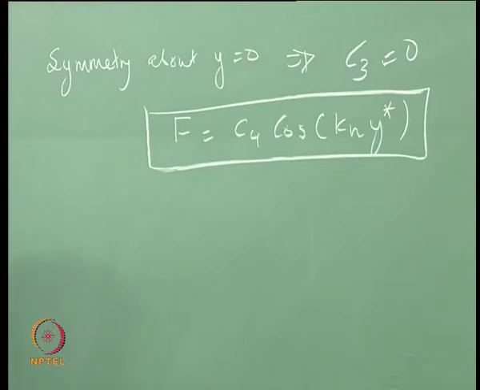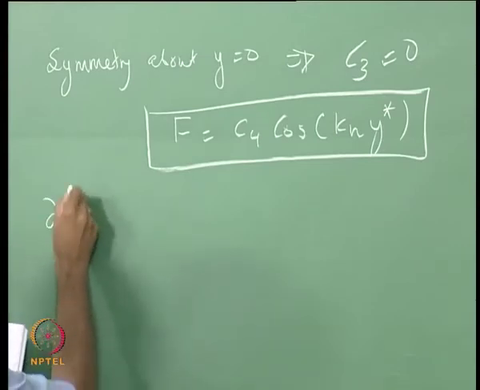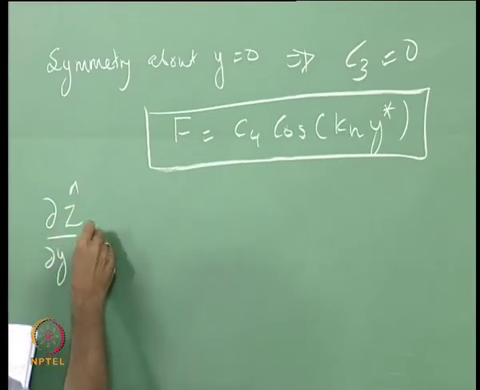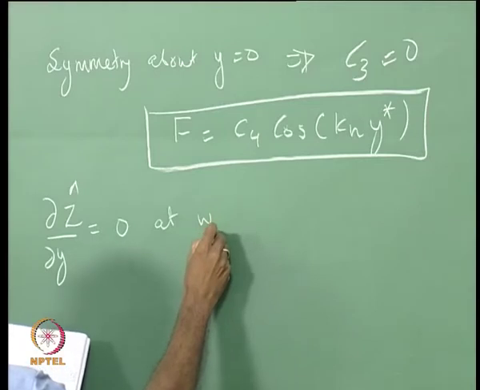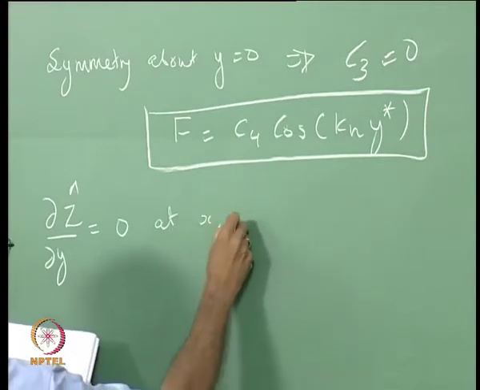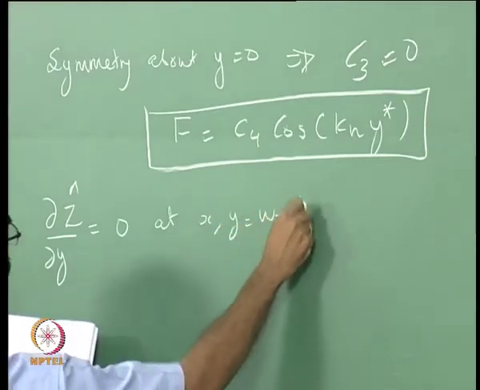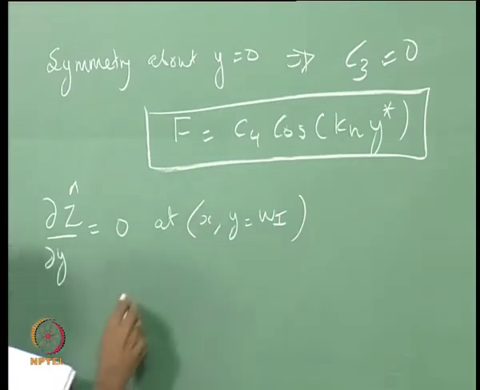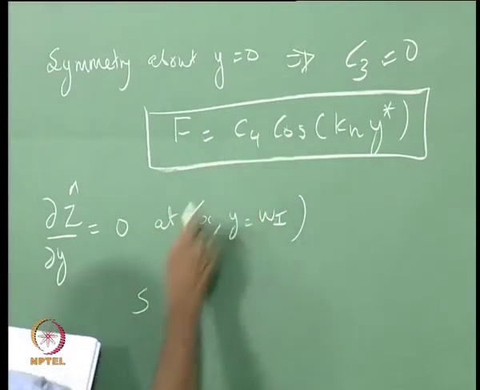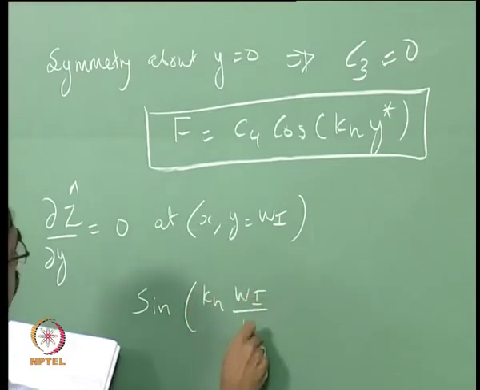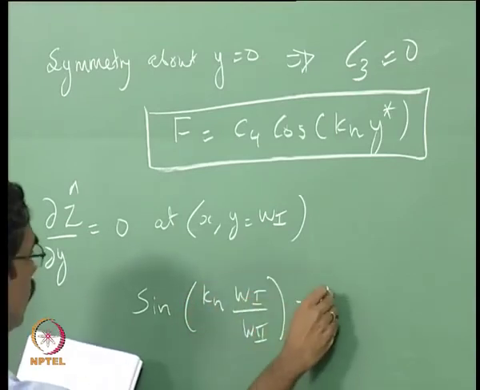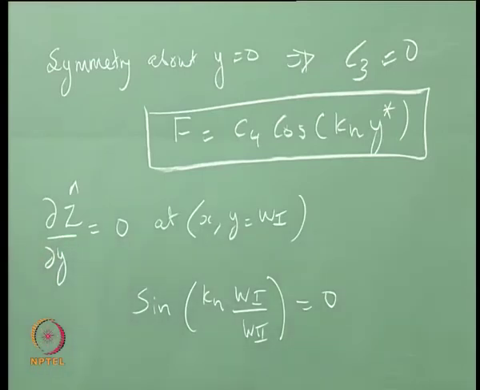Now we know that dz hat by dy equal to 0 at the wall. So this would give, if you differentiate this you will get sine, so sine kn w1 over w2 equal to 0, and when is sine 0?